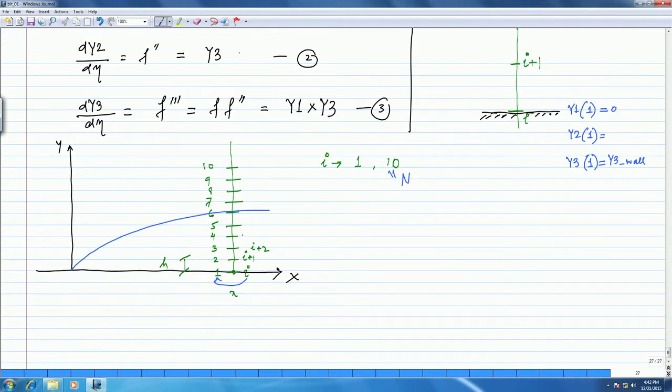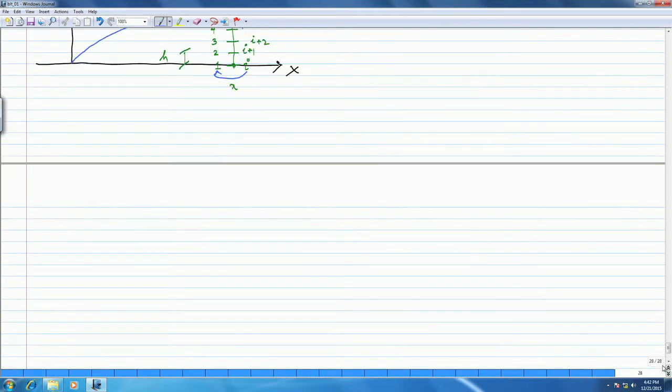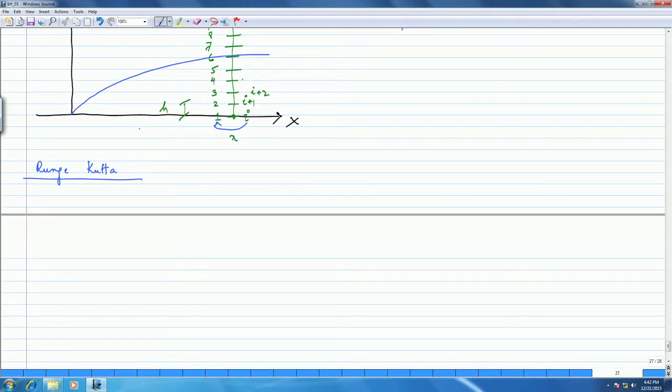Okay. So now let us come to this Runge-Kutta stuff. I am going to use basically, again, if I zoom in here, and this is, say, i, and this is, say, i plus 1.